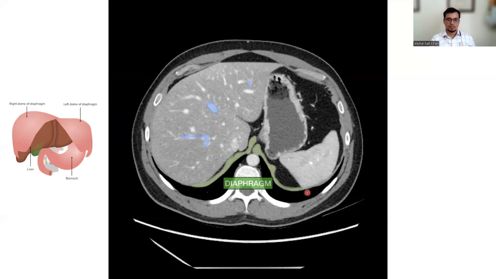And now you can appreciate posteriorly there is the diaphragm crura. The diaphragm should always be studied in a patient who is having some trauma, okay, or in a pediatric patient, for herniations and all. The most common site of rupture in trauma patients is the posterolateral aspect of the hemidiaphragm.